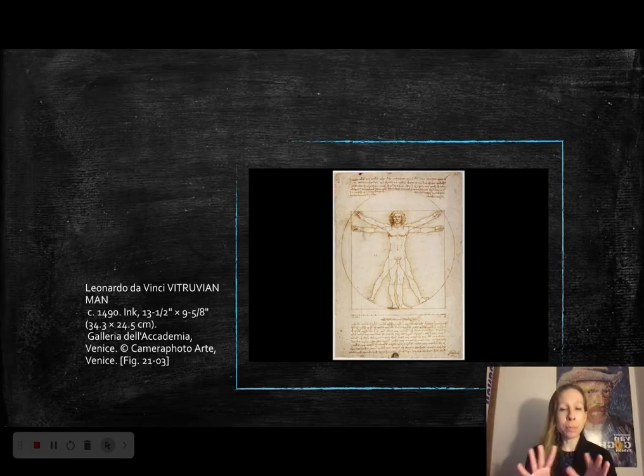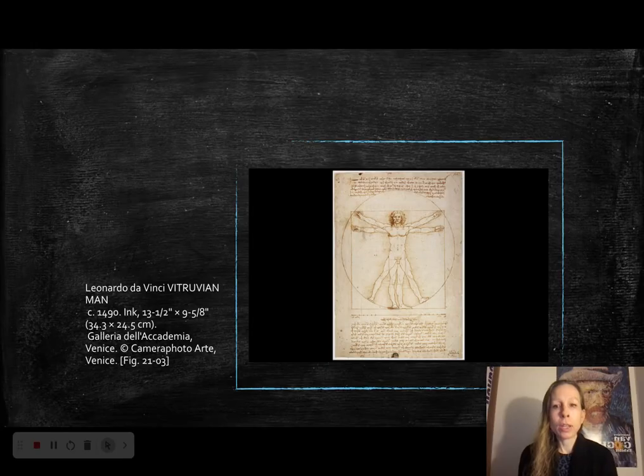The man is both in the circle, which symbolizes the spiritual and celestial realm, and a square, which represents the terrestrial and material world. So Leonardo mathematically demonstrated that man is a bridge between the two.